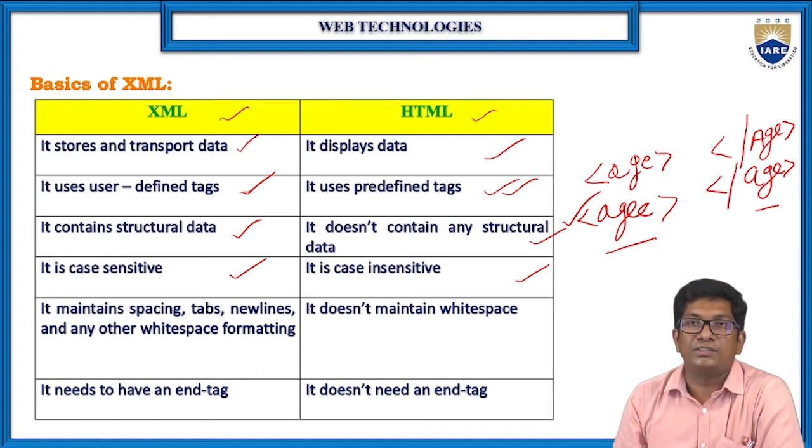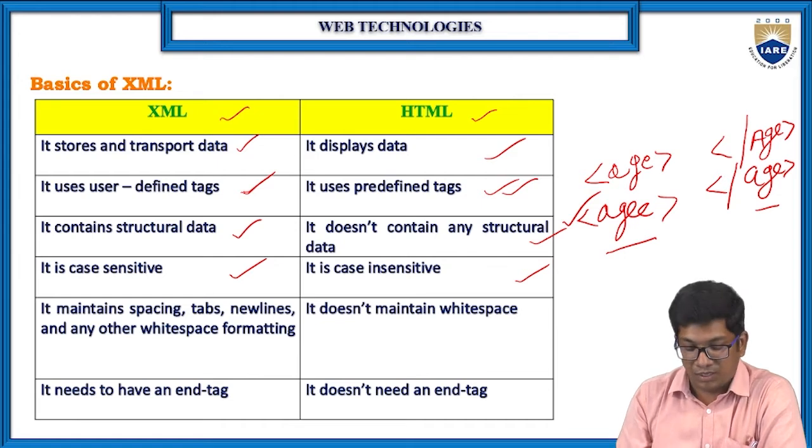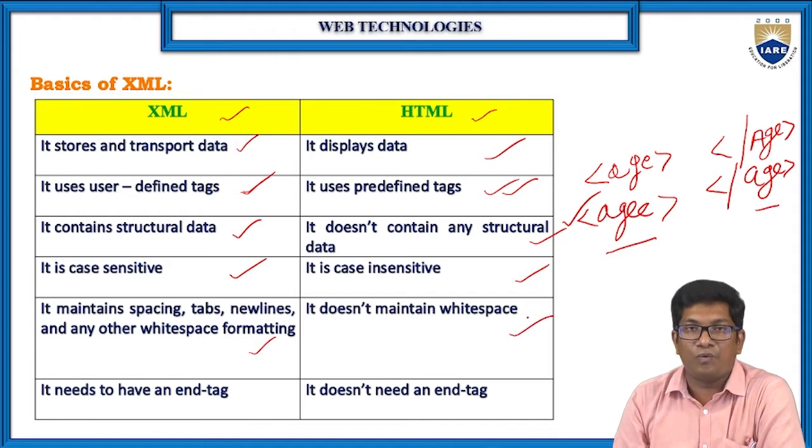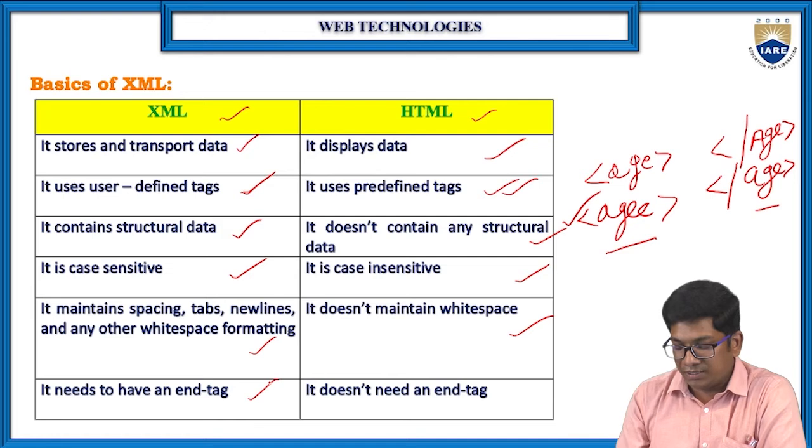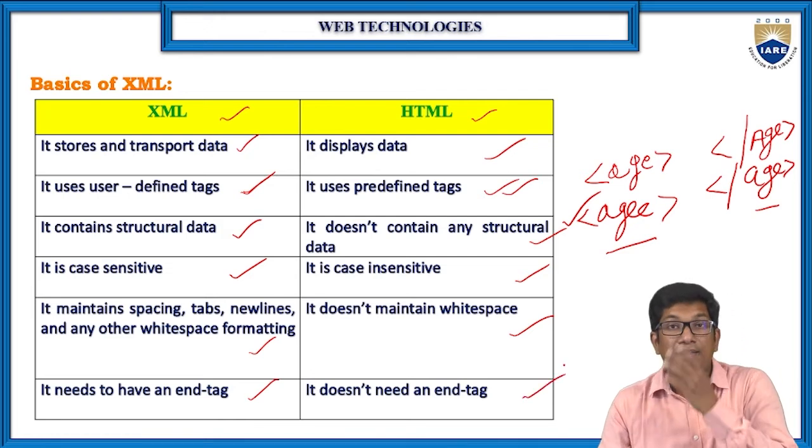So XML is case sensitive. HTML is case insensitive. That means you can write in all capitals or small letters, it treats them the same. Next, XML maintains spacing, tabs, new lines and other white space formatting. HTML does not maintain white spaces. XML needs to have an end tag. HTML does not need an end tag.